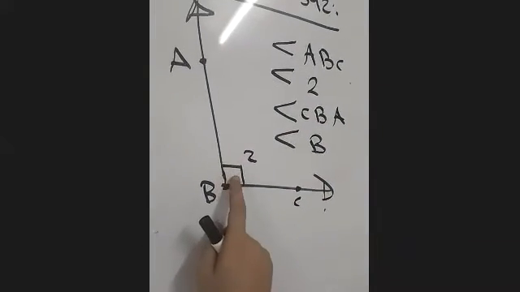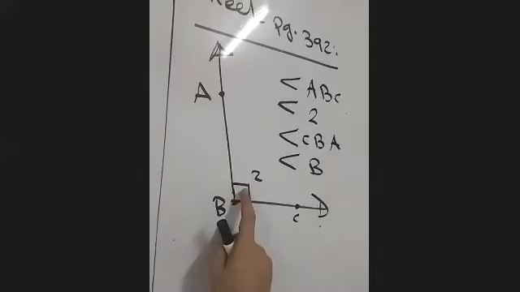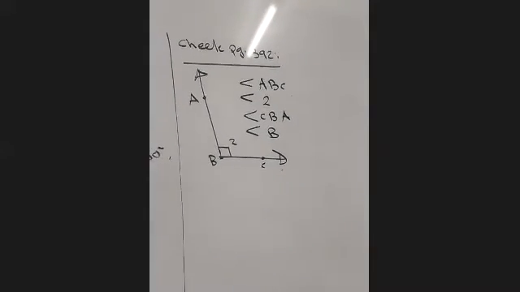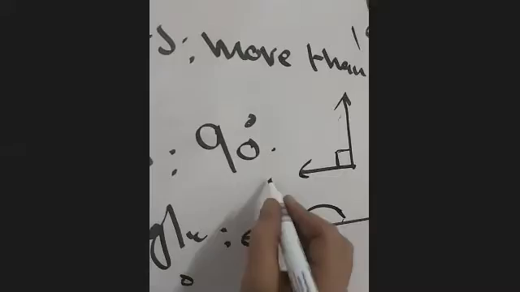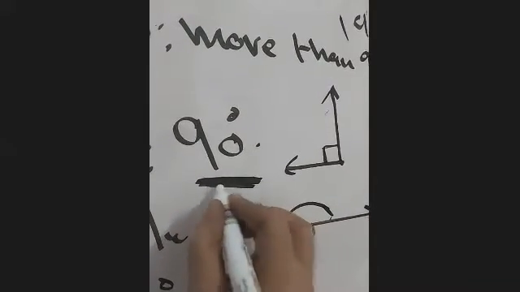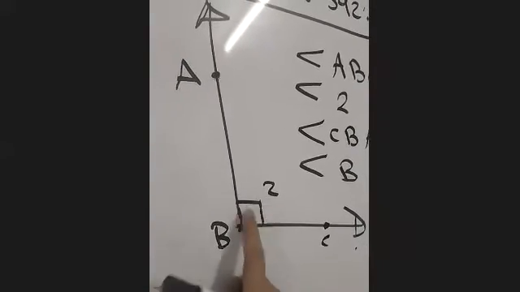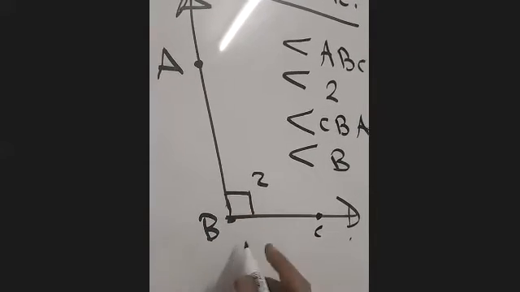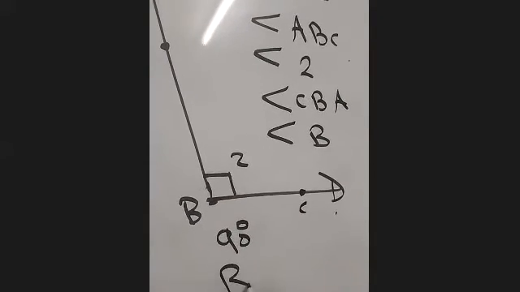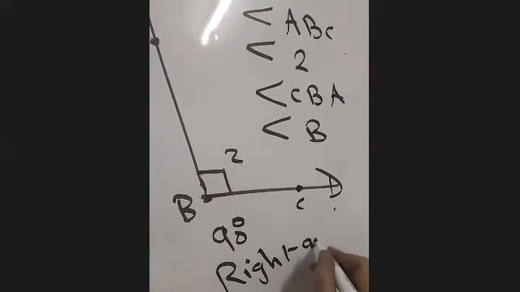But what does this square mean, Omar? That means it's a right angle. And the right angle always has what measure? 90 degrees. Exactly. The small square here means this angle is 90 degrees, and we call it a right angle. Don't forget that.